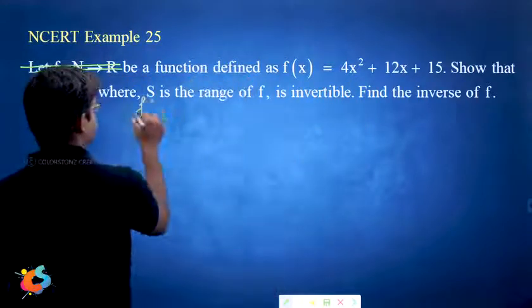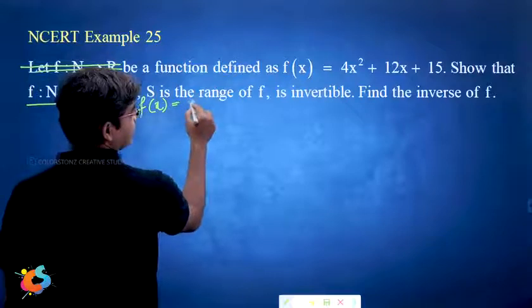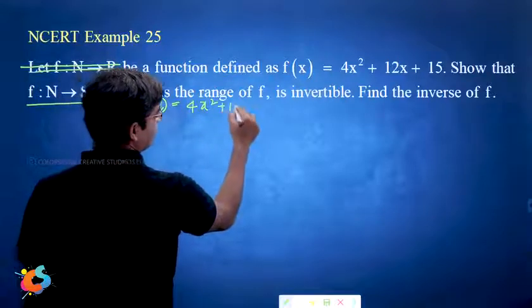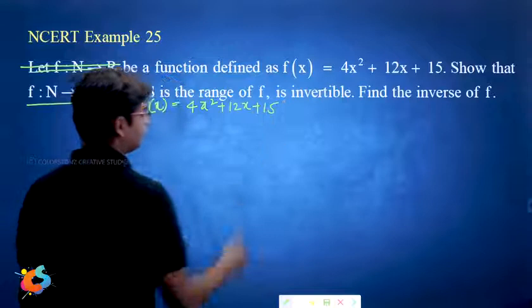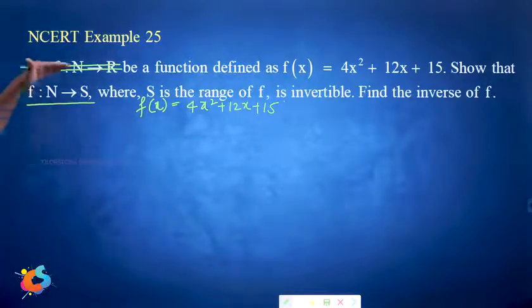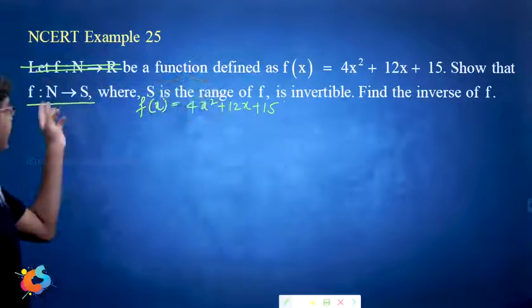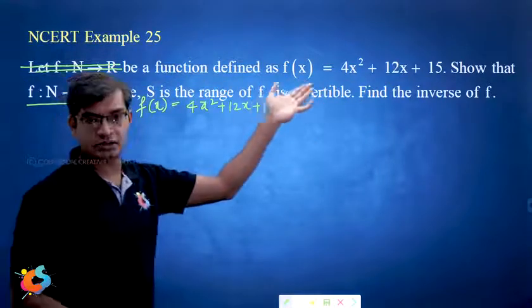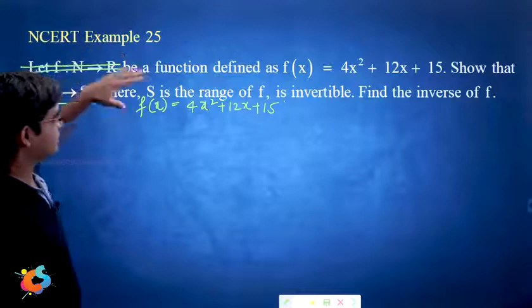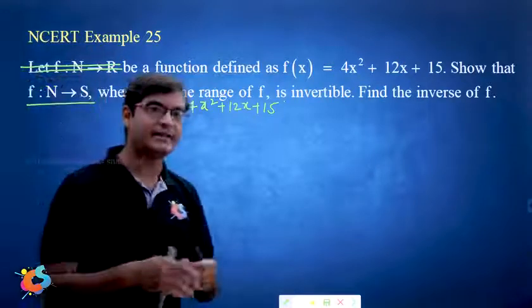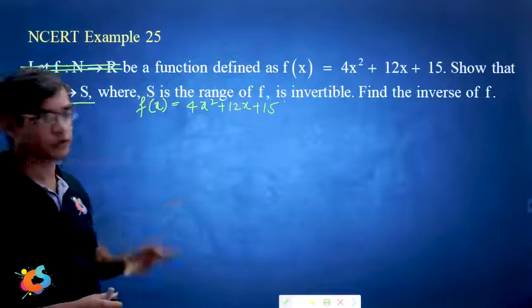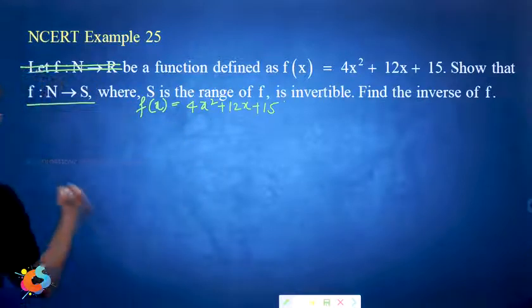You have just changed the codomain, but everything else is the same: 4x square plus 12x plus 15. What did I tell you? When f of x is given, and suddenly it says show that f maps from N to S is invertible, just forget about this and proceed. In the end I will tell you what is being done here, why they have changed it. That is not so important.